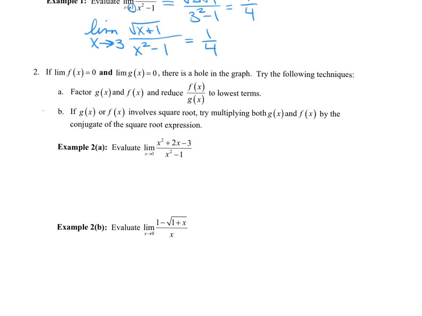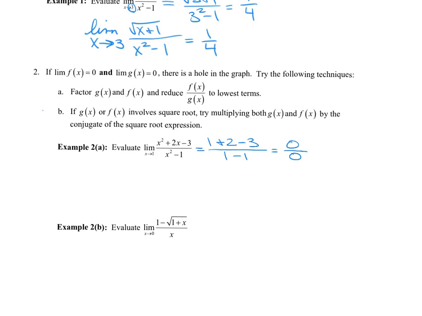Let's look at example 2a. Start off by substituting 1 in for x in the expression. 1 plus 2. And you see you end up with 0 over 0. When that is the case, let's try technique A, where we factor and simplify.